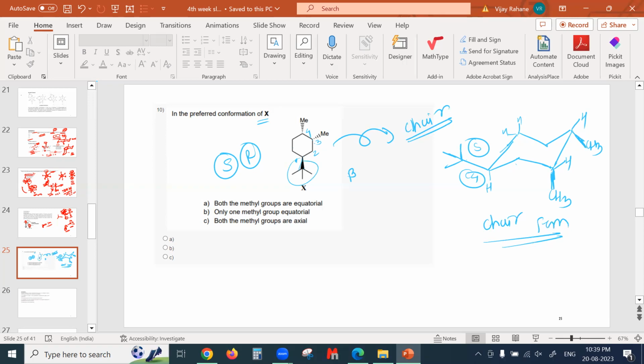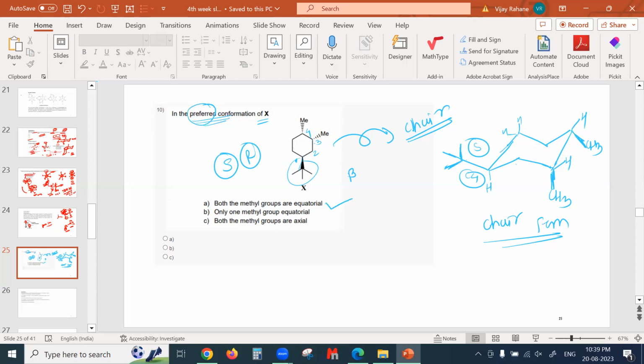And if you look at the statements, they have mentioned both methyl groups are equatorial, in the preferred conformation of X. So first of all, we have to look at the preferred conformation of X. Can anyone tell whether I have drawn the correct structure, which is the preferred one? This conformation is the preferred conformation. Why? Because this tert-butyl group is at the equatorial position.